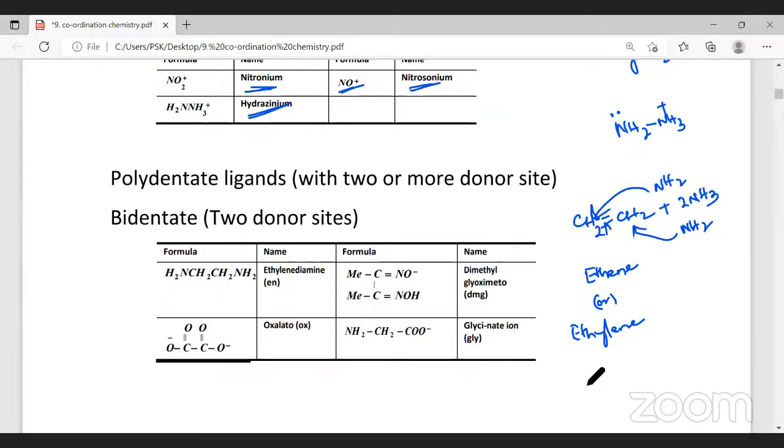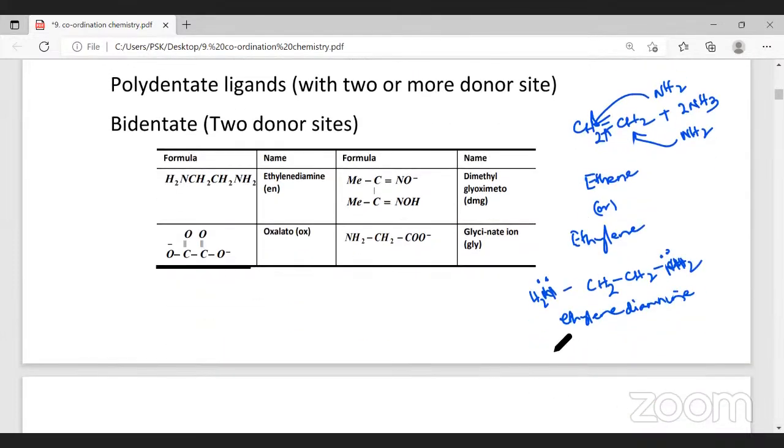So you get NH2-CH2-CH2-NH2. The pi bond breaks. Now this has two nitrogen atoms, so it has two pairs of electron donors. Therefore, this is an example of a bidentate ligand. This is called ethylene diamine.